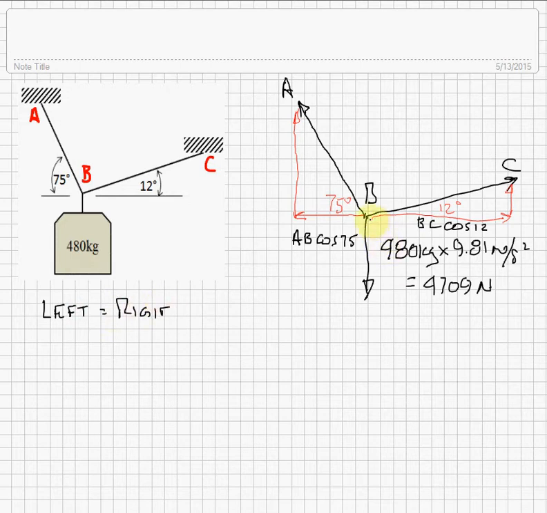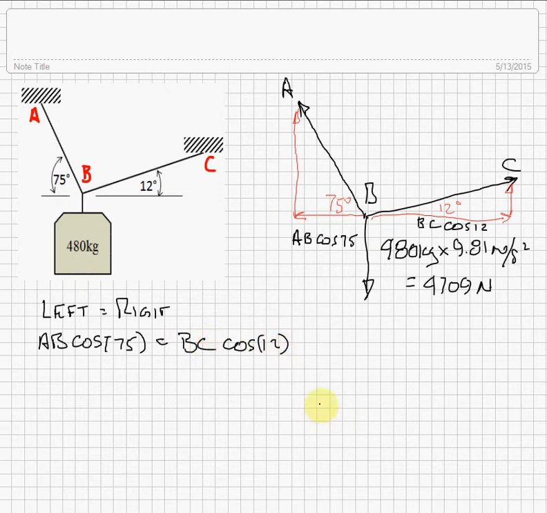This is statics, and therefore since this is not moving, we know that all the leftward acting forces must be balanced equal and opposite by right acting forces so that this is not accelerating in either direction. And so if I write this down, I can write down that AB cos of 75 equals BC cos of 12.